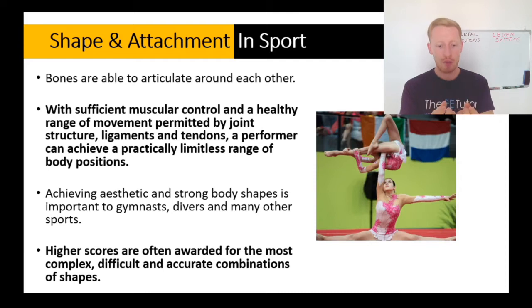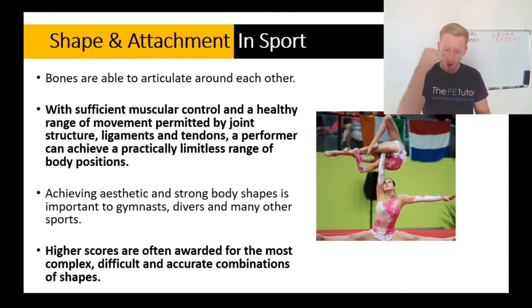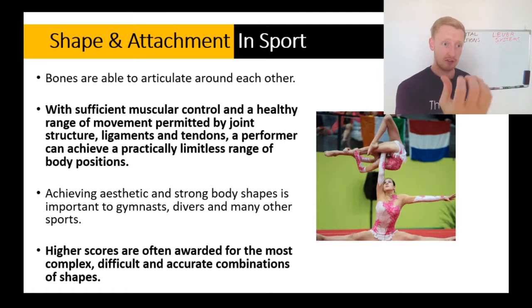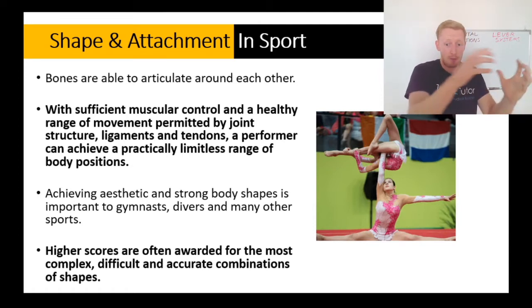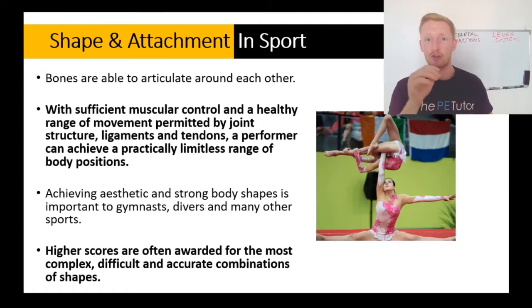They rely on things looking clean, sharp, crisp. The timing, the coordination, it all needs to be very precise. And we need to be able to have muscles attached to bones so that we move them appropriately so that we can create the right shapes.